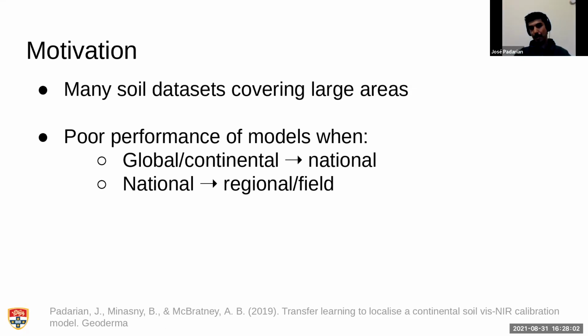The motivation to do this is, I've shown you some national data sets that are quite interesting, let's say for Australia, and we do have a lot of data at global scale. When we generate these models, either global or national, they show a really poor performance when they're applied at a finer scale, let's say a global map applied to a country, or a national model applied to a regional or a field scale, which is understandable, obviously. There are different scales.